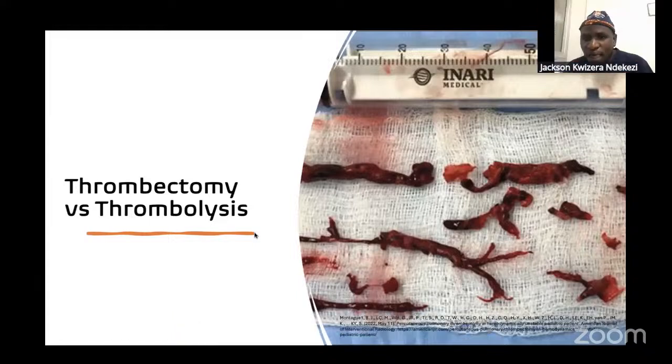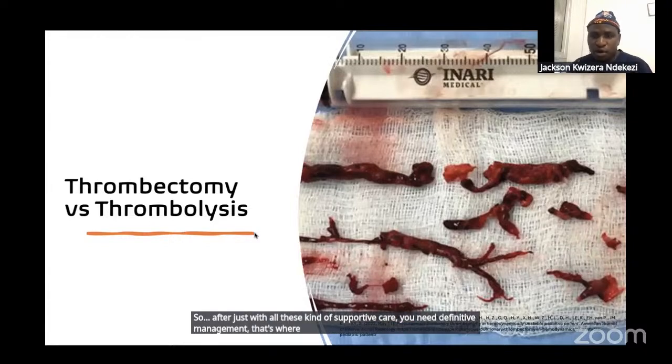So after all this supportive care, you need definitive management. That's where you start thinking about thrombectomy or thrombolysis.